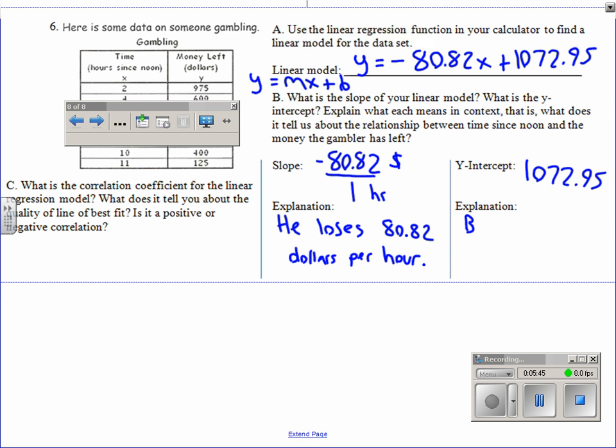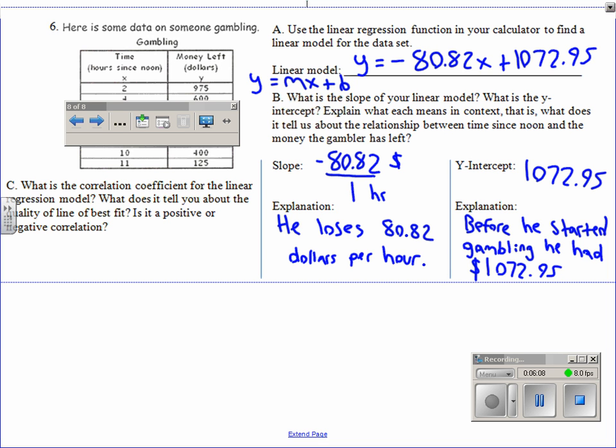So before he started gambling, he had $1,072.95, and he's blown it all gambling.